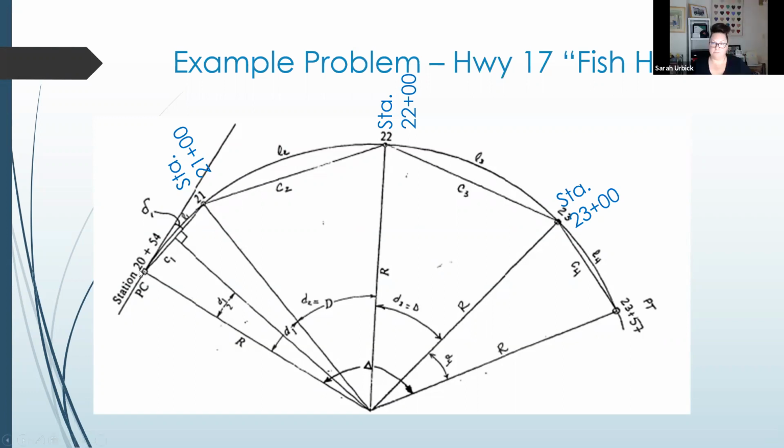From our point of curvature where we start, the station is 20 plus 54. Going around this curve, we're going to stop our measurements at 23 plus 57. Those are our stations to start and stop. What's the total distance around the length of that curve?